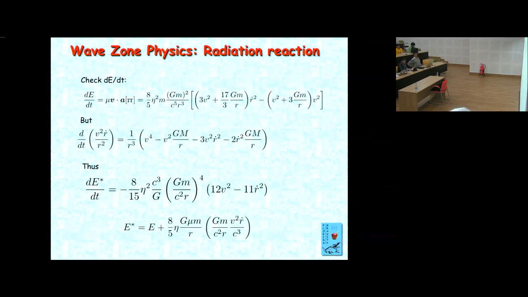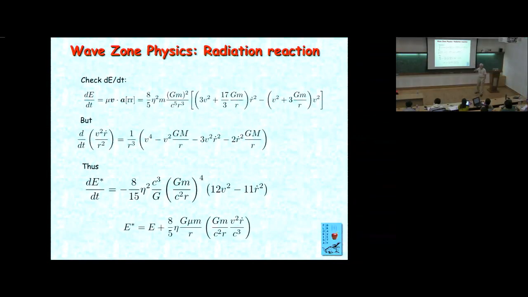So there are many ways to argue that this is an irrelevant higher order correction to E. But in terms of this new E star, these terms left over combined with those terms give you exactly the formula that we had before from the far zone flux. But to get that specific answer, you do have to do this sort of irrelevant redefinition of the energy by a 2.5 PN correction. And the same holds for angular momentum and the linear momentum.